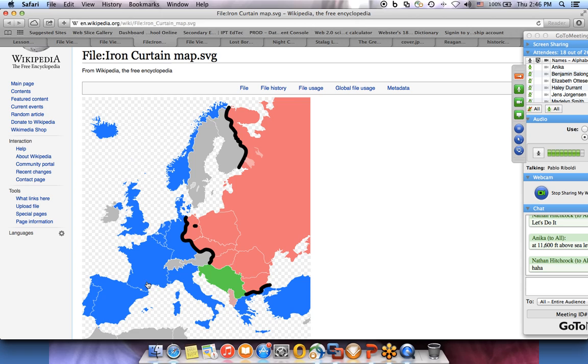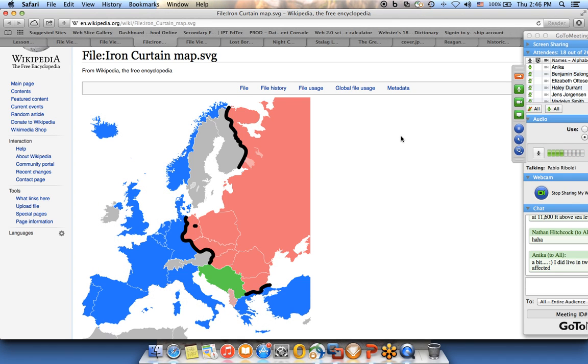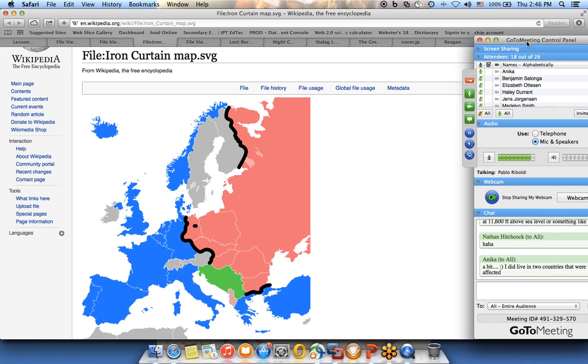The British and Americans, all the Allies, also fought against Germany. At the end of World War II, Germany was basically divided into two parts: the Russian sector, East Germany, and the Western or Allied sector, West Germany.